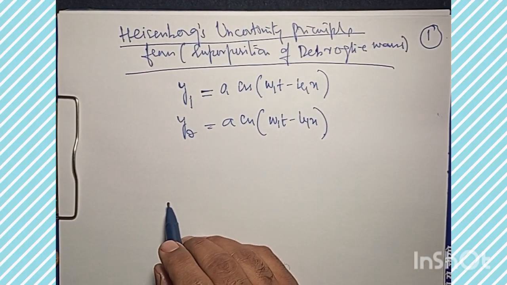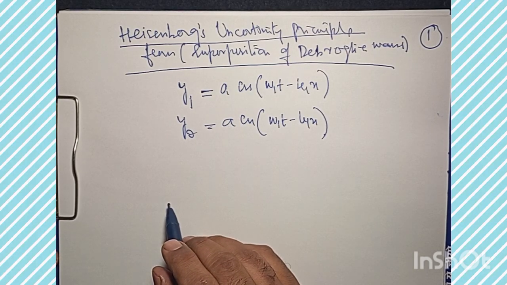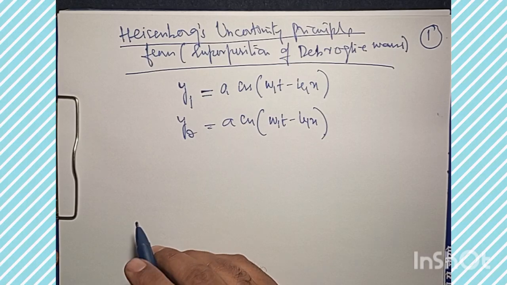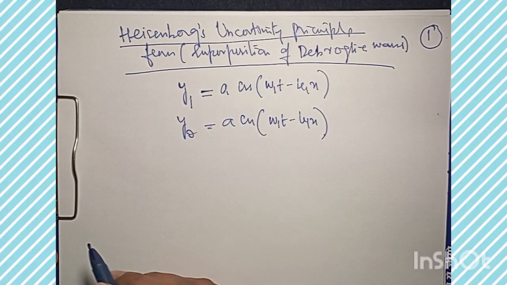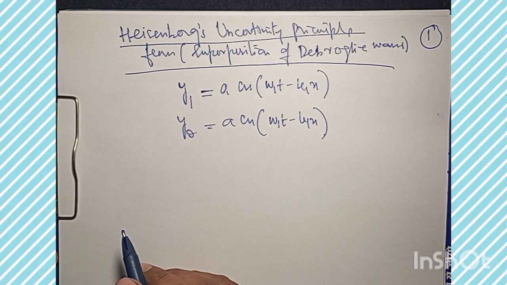This is the set of two equations that we used in a previous video to develop the expression for the group velocity. The result of that video was that the group velocity is equal to the particle velocity.